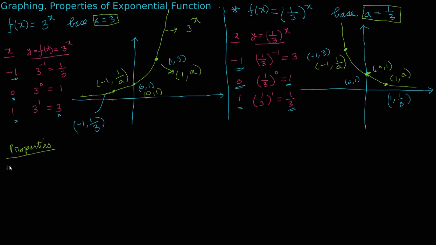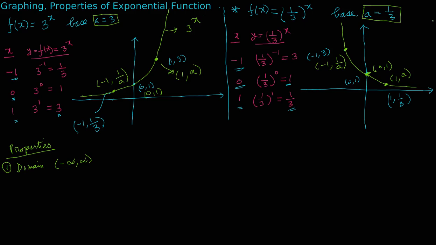So number one property, if you notice domain of my function, so domain means all the values of x, so it can run from -infinite to +infinite. Same for this function, -infinite to +infinite. So a domain of any exponential function is -infinite to +infinite, so that is domain.